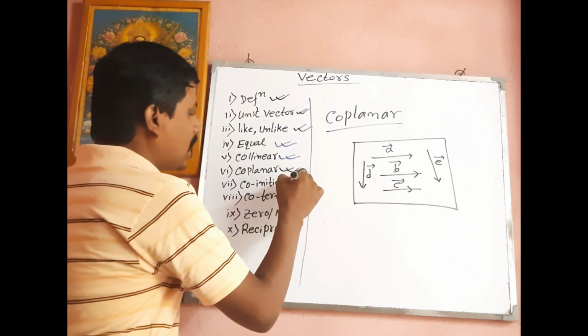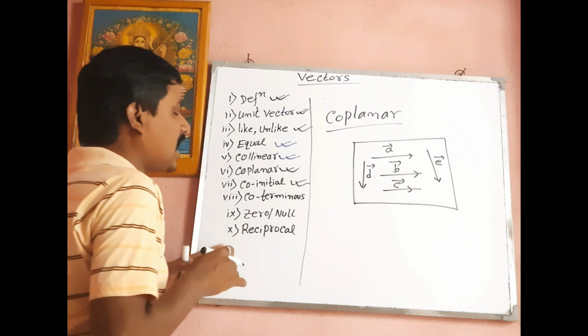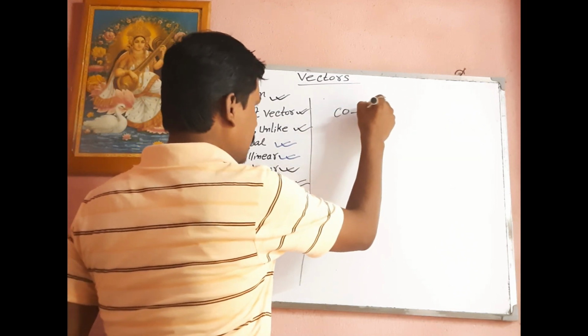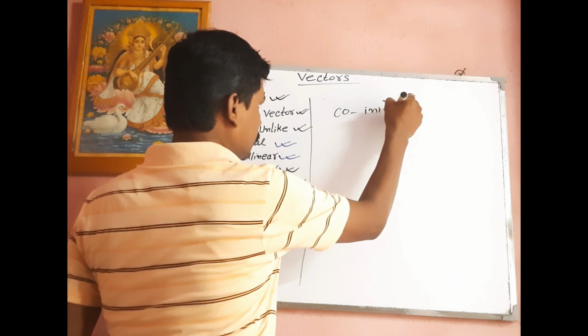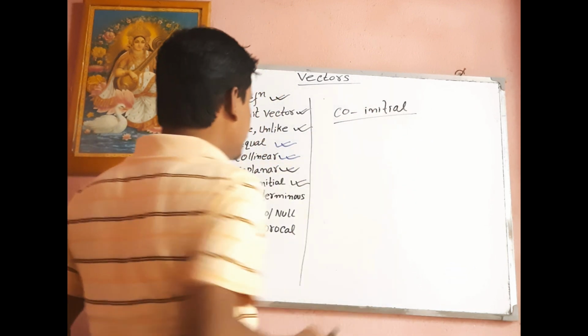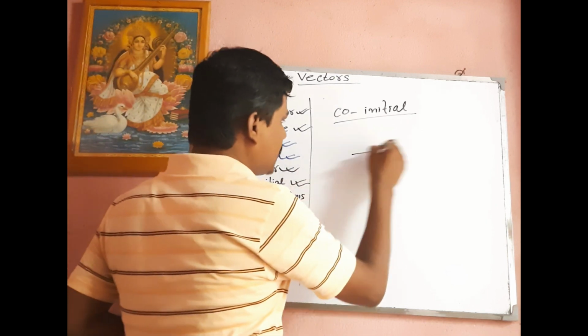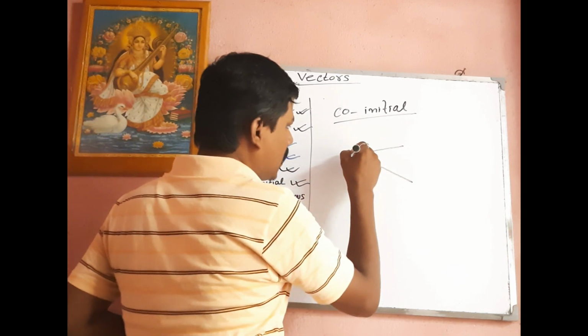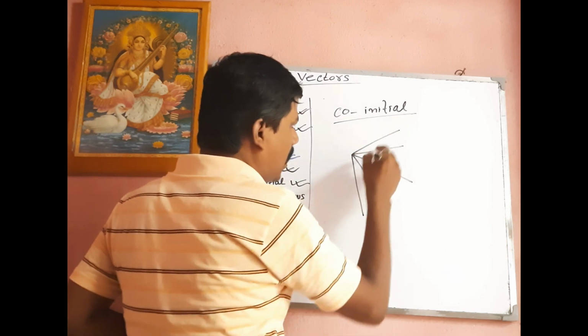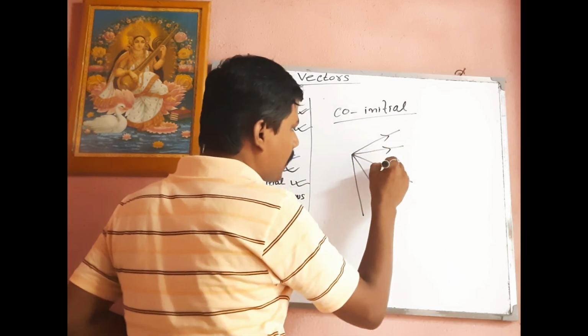Now we move to the next part, the co-initial part. For co-initial vectors, the initial point of the vectors is the same.